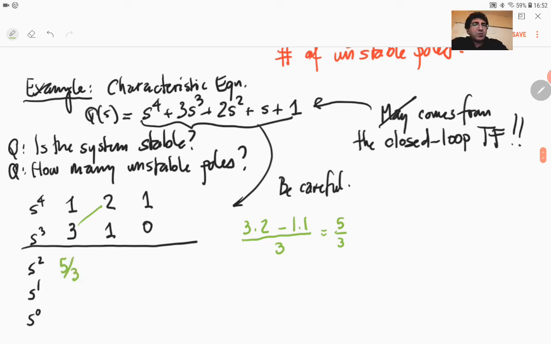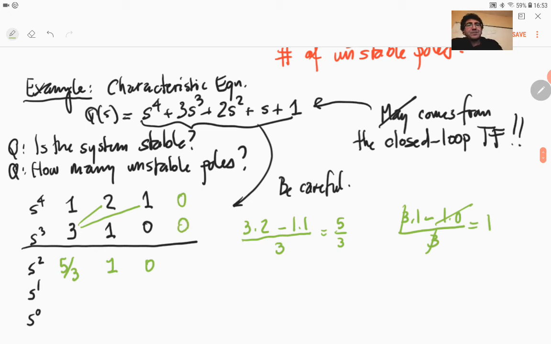What about the second coefficient? Over here, it's going to be 3 times 1 minus 1 times 0 divided by 3. So this is 0, and 3 cancel out, so you get 1 instead. All the rest of the coefficients turn out to be 0 because you don't have anything here.